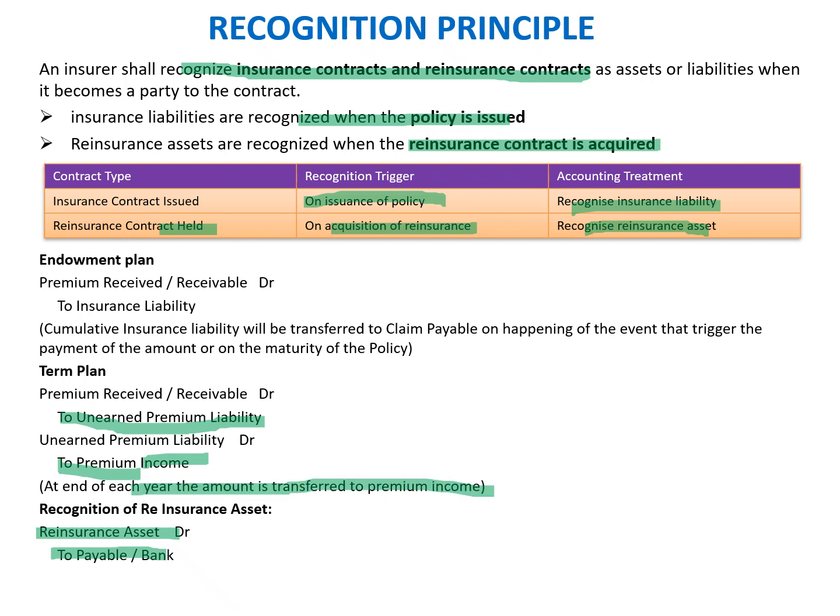But for the endowment plan, whatever amount has been received is recorded as insurance liability, and it is transferred to claim payable on the happening of the event or once the policy matures. Because this is a liability, the amount we have received is going to settle the claim either at maturity or on the happening of an event, when the claim is paid to the insured.